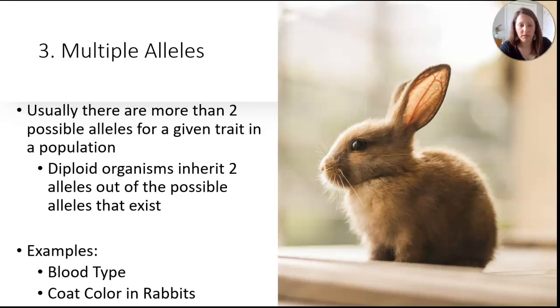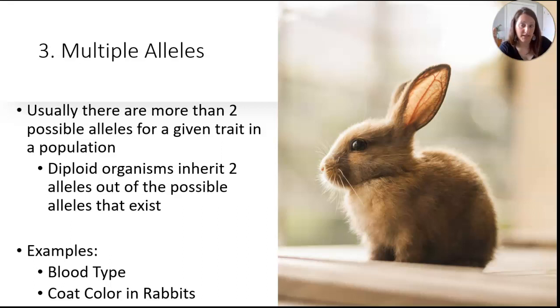When we looked at flower color, there were 2 possible alleles. If we're talking about four o'clock flowers, either the red allele or the white allele. If we're talking about snapdragons, either the red allele or the white allele. In lab, looking at corn kernel color, either the purple or the yellow allele. So we've only been talking about 2 alleles really until we got to blood type.